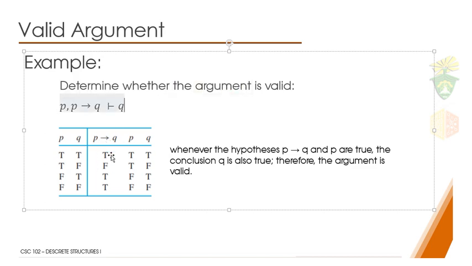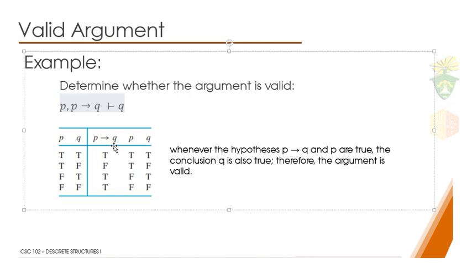Okay, so how do we know that this is a valid argument? If all of these are true, true all through, with no false mixed in. As you can see, in the very first row, if P then Q is true, P is true, and Q is true.